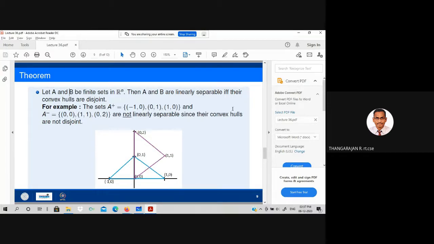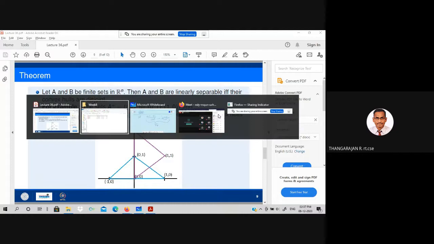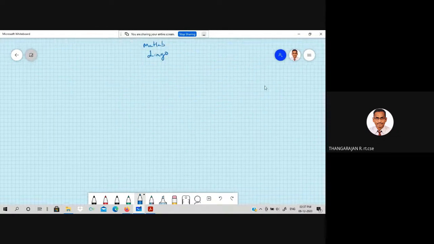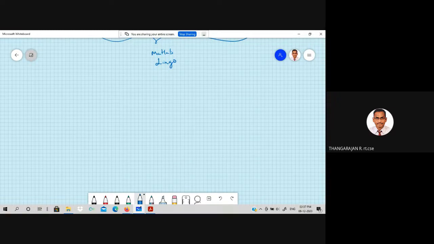So what do you mean by convex hull? Say for example, you have a set of points. This is one set of points. Now, what is the convex hull?